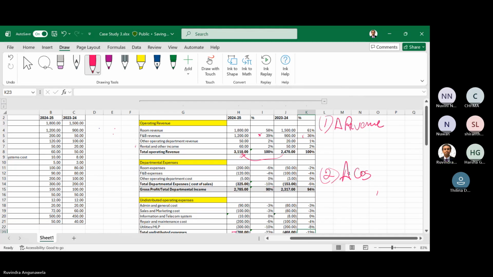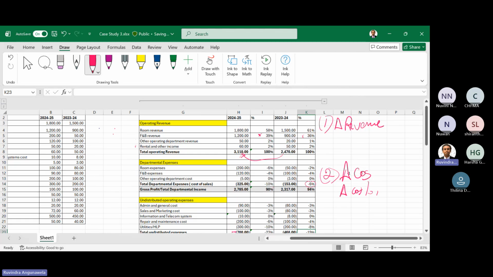But then what about the cost of sales percentage of revenue? That is something concerning if you are the business owner or the general manager of this hotel. In 23-24, 6% of the revenue was your cost of sales.